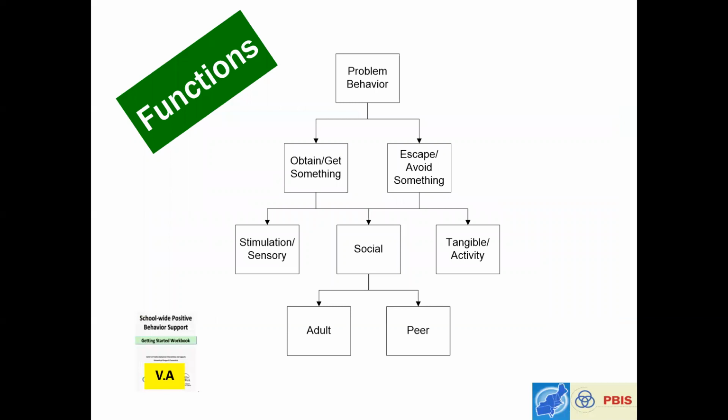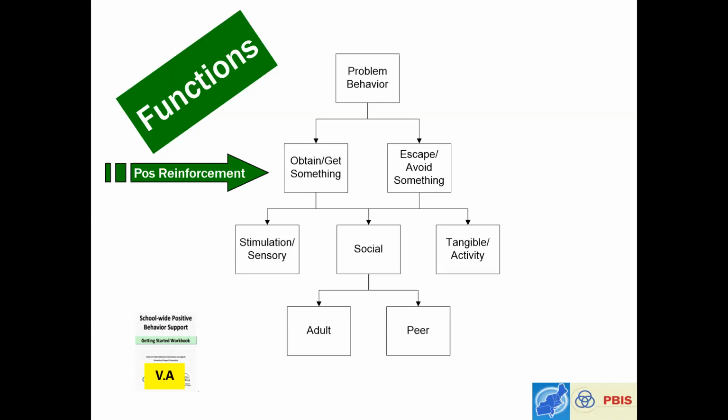And we reviewed this diagram showing us that the more frequently the behavior works in obtaining or avoiding something, the more likely that behavior will be reinforced and we continue to use the same or similar behavior in the future. When someone obtains or gets something desirable as a result of a problem behavior, this is considered positive reinforcement because something is being added to the environment.